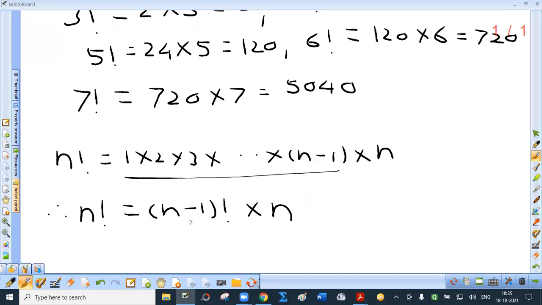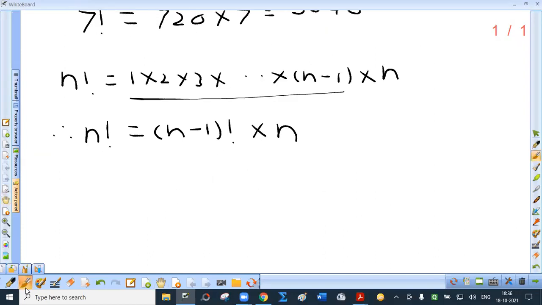How to put this in words? Factorial of any number is factorial of 1 less multiplied by that number. Similarly, factorial of any number into immediately next number is factorial of next number. Is that clear? See, this helps in simplification part. For example, 73 factorial upon 72 factorial.